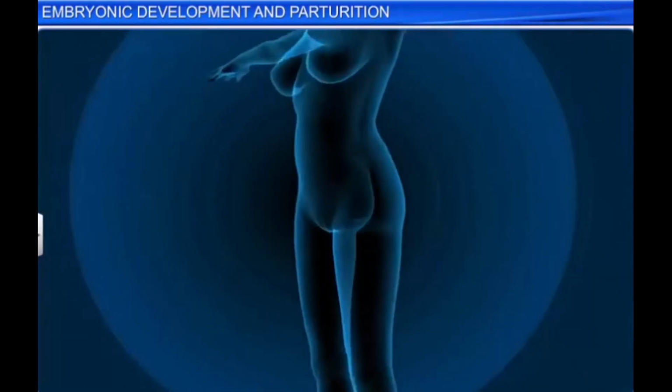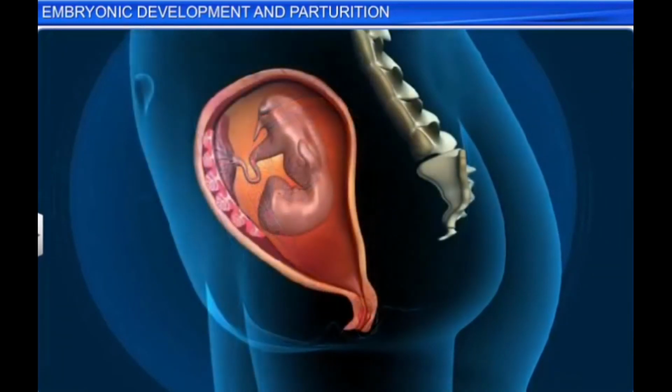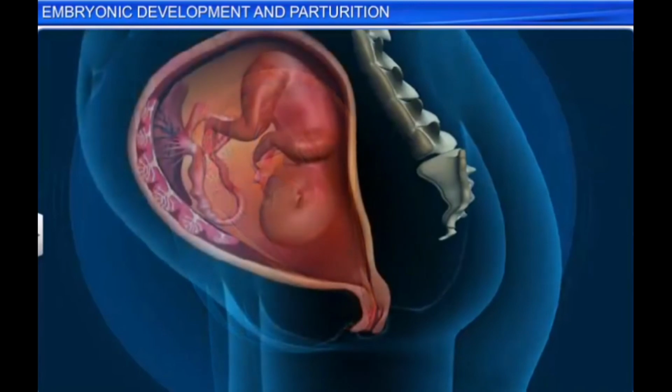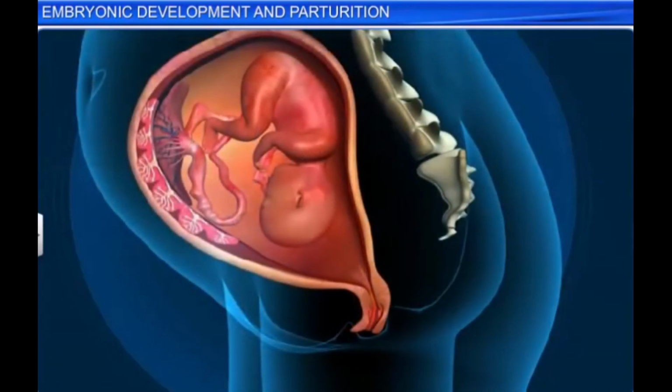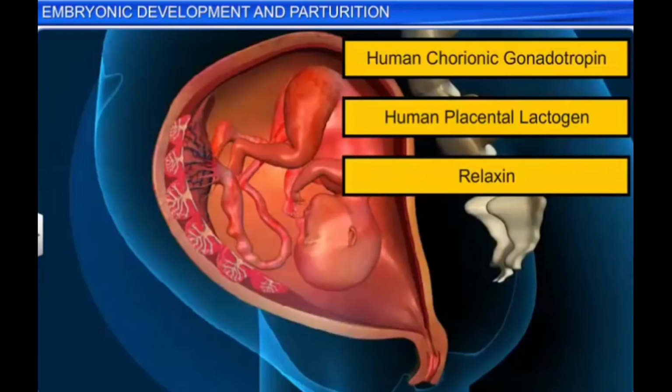Interestingly, while the fetus is undergoing several developmental changes, the mother's body too is undergoing several hormonal changes. The ovary, for example, starts secreting a hormone called relaxin, and hCG and HPL are secreted only when a woman is pregnant.